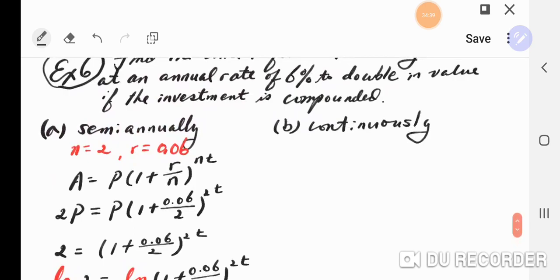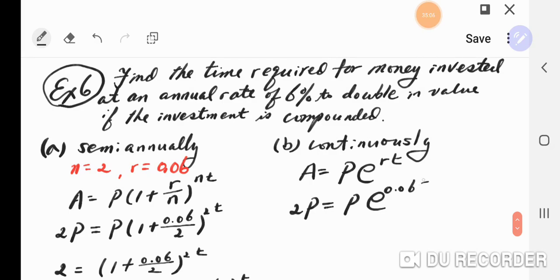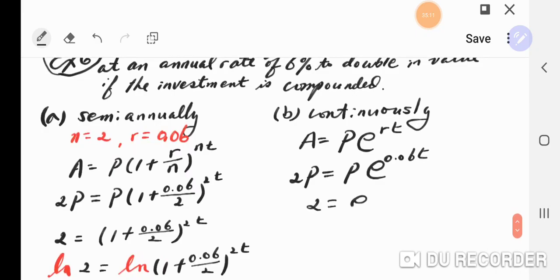Next one. Now the interest is compounded continuously. So since it's continuous, we will use the third formula, which is A equals P e to the rt, PERT. Same as this one, the amount will be doubled, so 2P is equal to P times e, and the exponent is 0.06t. Then we can cancel out P, so 2 is equal to e to the 0.06t.